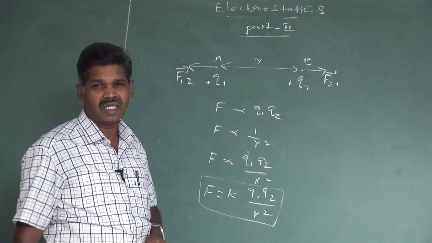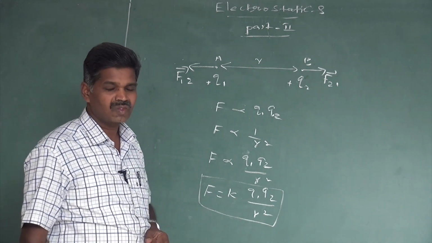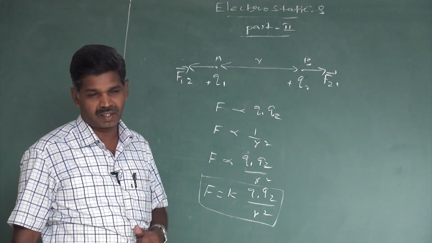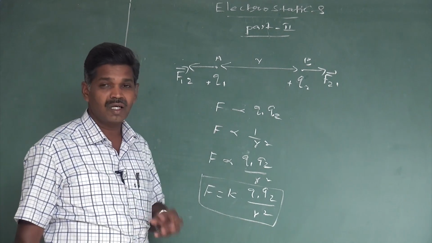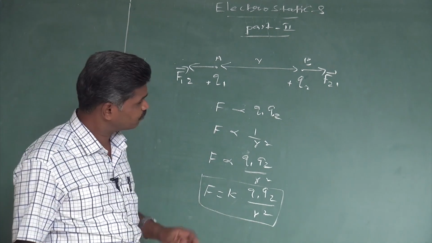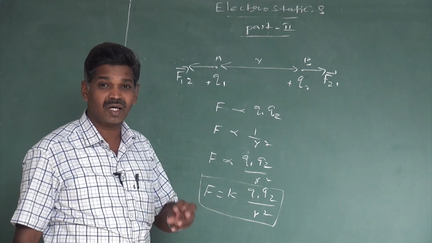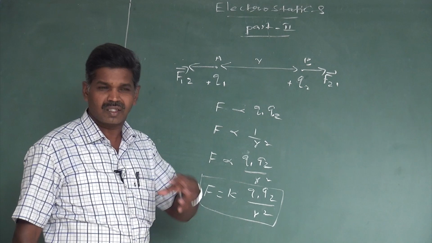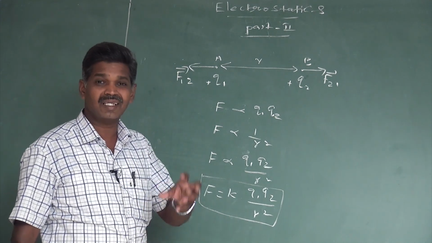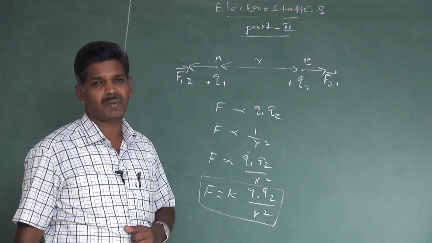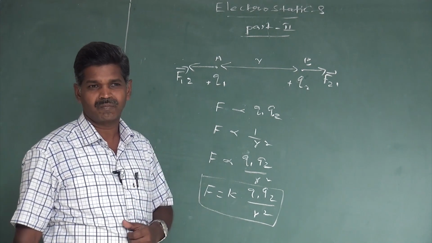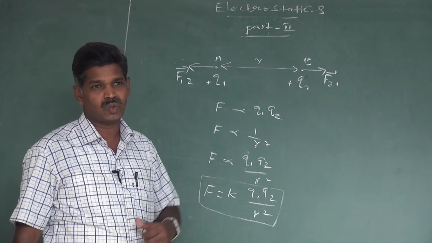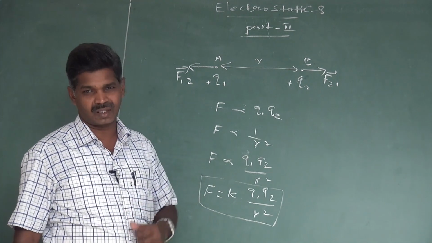How are they interacting with each other? There is a concept given by Michael Faraday. Michael Faraday introduced the field concept. According to him, every charge existing in our universe creates a field around it, just as a mass particle has a gravitational field around it. Similarly, around a charged particle we have an electric field.